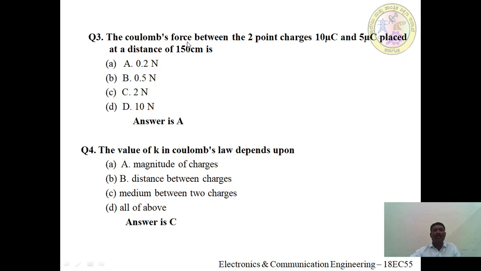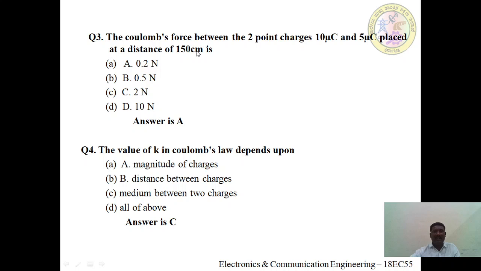See here, the Coulomb's force between two point charges, 10 microcoulomb and 5 microcoulomb, placed at a distance of 150 centimeter. You can take up Coulomb's law: F is equal to Q1 Q2 divided by 4 pi epsilon naught R square. 4 pi epsilon naught is a constant, and instead of R you substitute 150 centimeter.